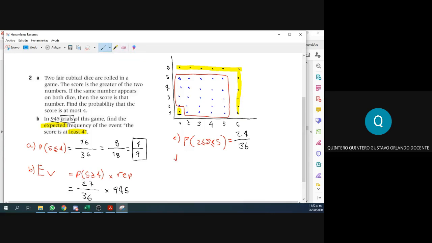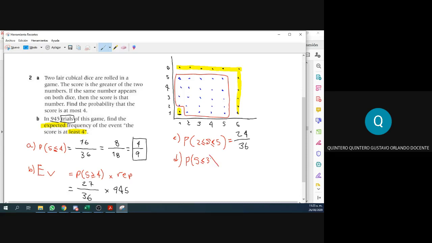All right, let's do question D. Find the probability that the score is lower than 3, lower or equal than 3.